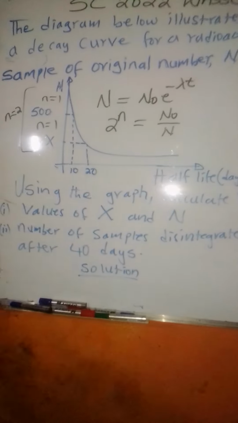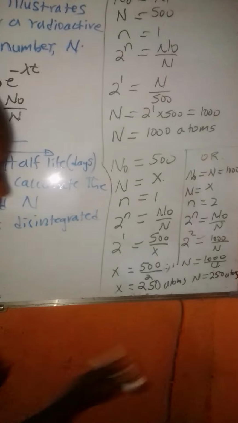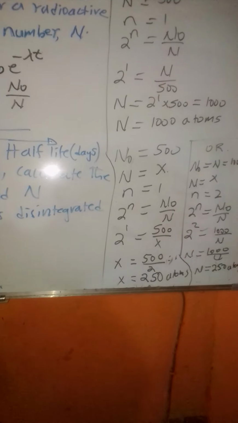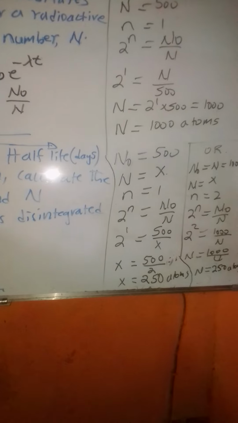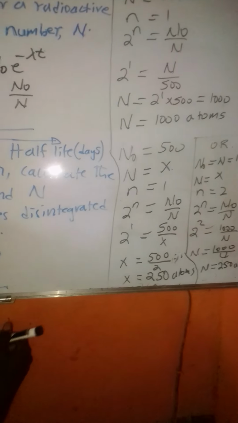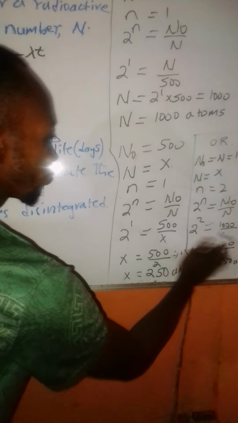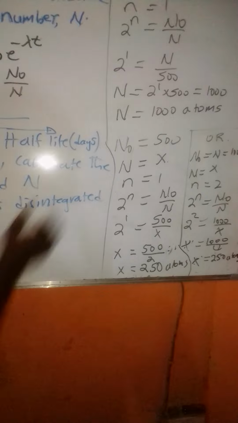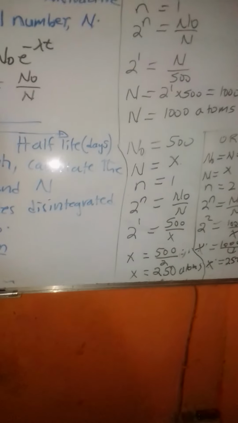So this is how we calculate the values of X and N. So X is 250 atoms and N is 1000 atoms.